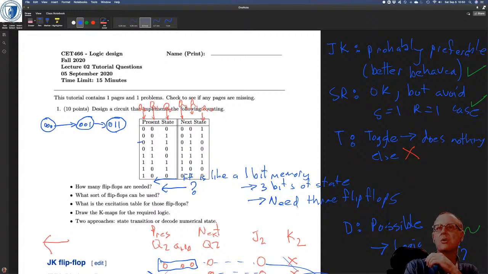And then from 0, 1, 1, we want to go to, excuse me, 0, 1, 0. And then from 0, 1, 0, right, we want to go to 1, 1, 0.